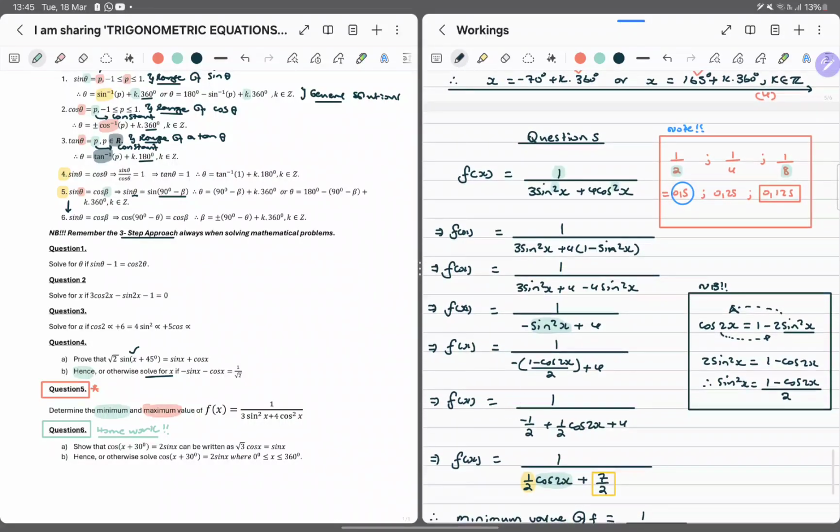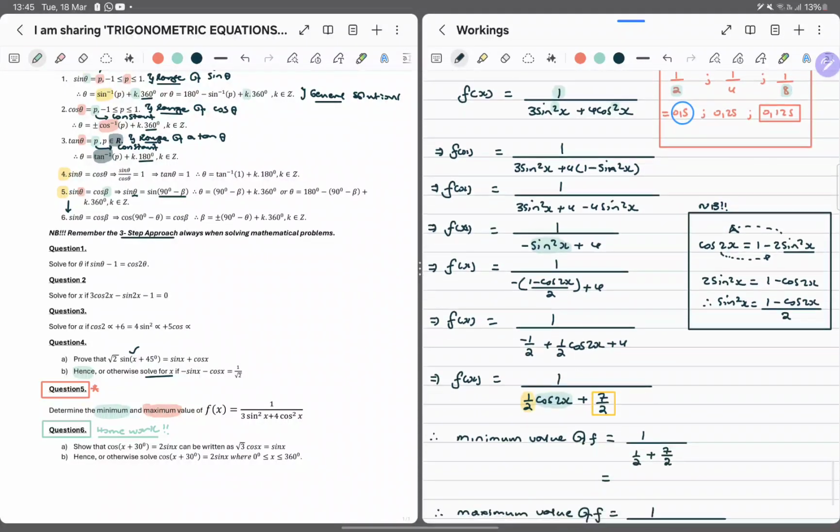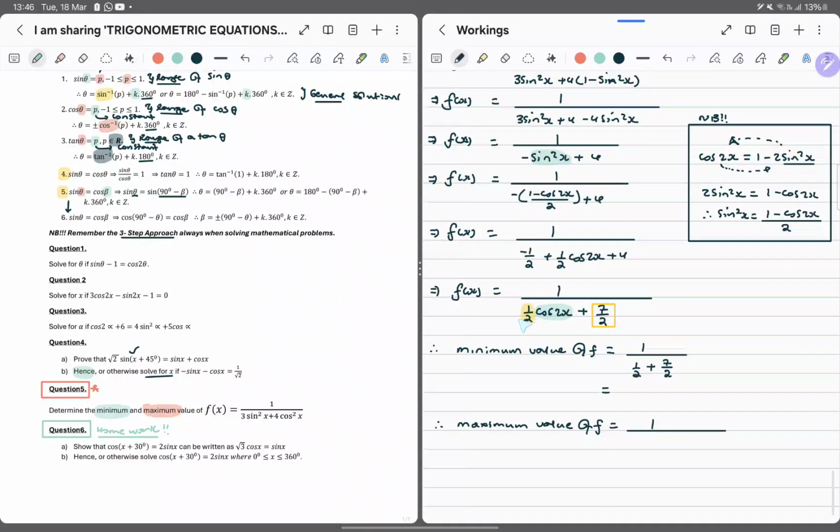For this to be a minimum, this must be a maximum. So we're taking the absolute value of the amplitude. So that's the case. Okay, so make sure you don't make a mistake here. So this one is a quarter. So that would be the minimum value.